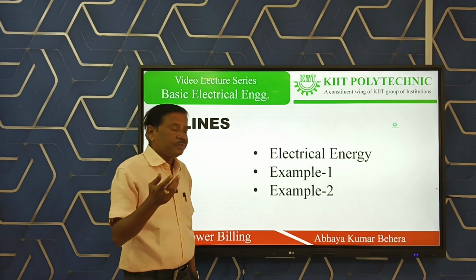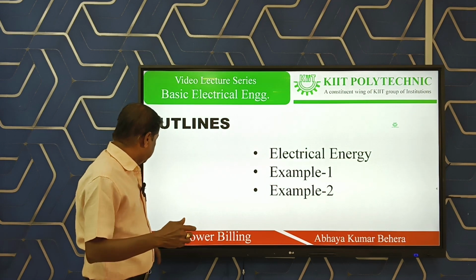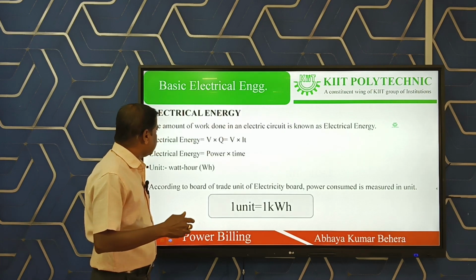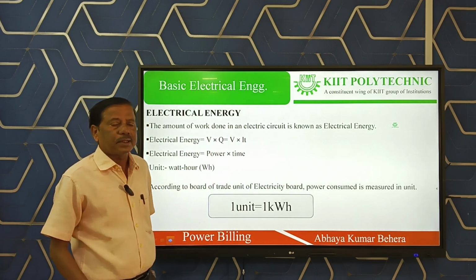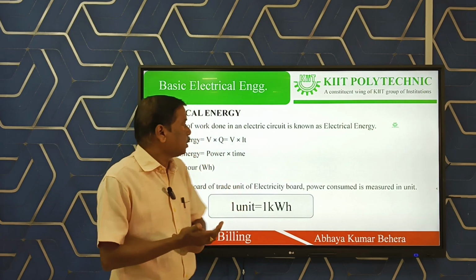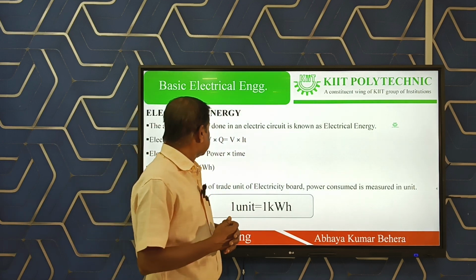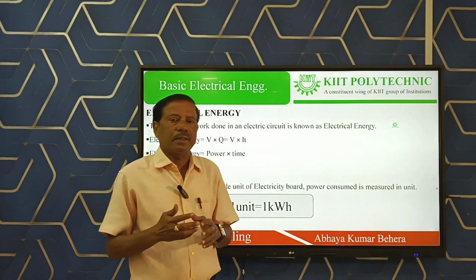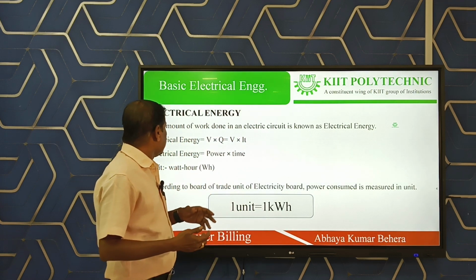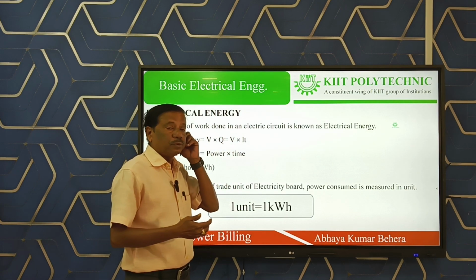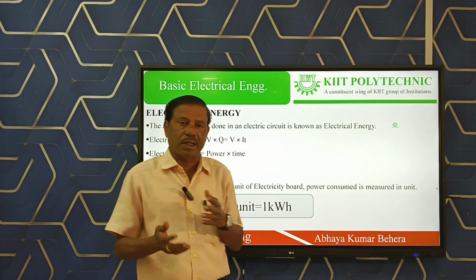So first let us see how we calculate the energy. As you know, the work done in an electrical circuit is known as electrical energy. The amount of work done, W, equals V into Q, where V is the voltage and Q is the charge.